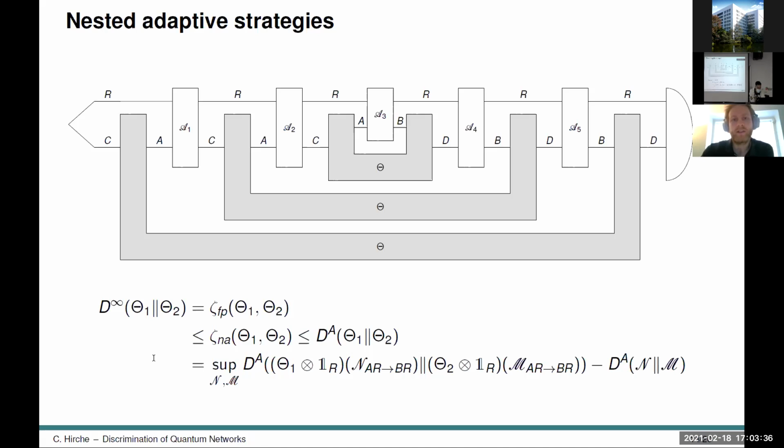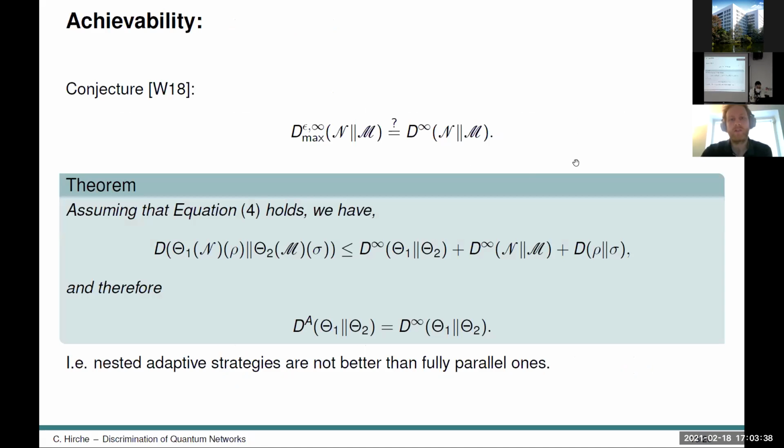fully, but there's a conjecture, or in fact, it's not really my conjecture, but Andreas Winter proposed in 2018 the conjecture that you see here on the top of the slide. And the right-hand side is a quantity that we already introduced. It's a regularized channel relative entropy.